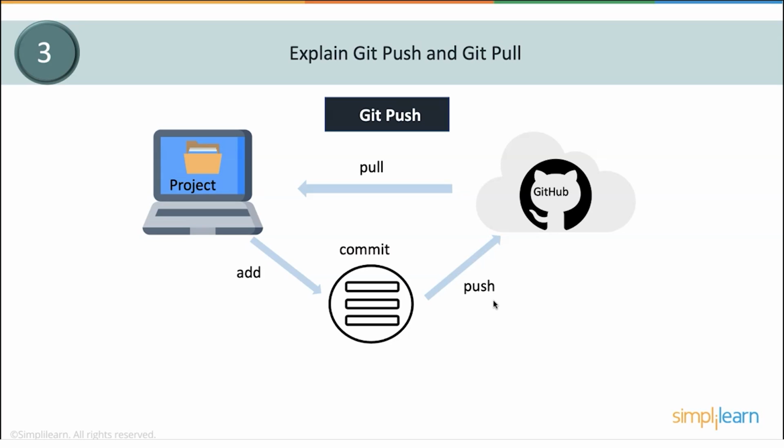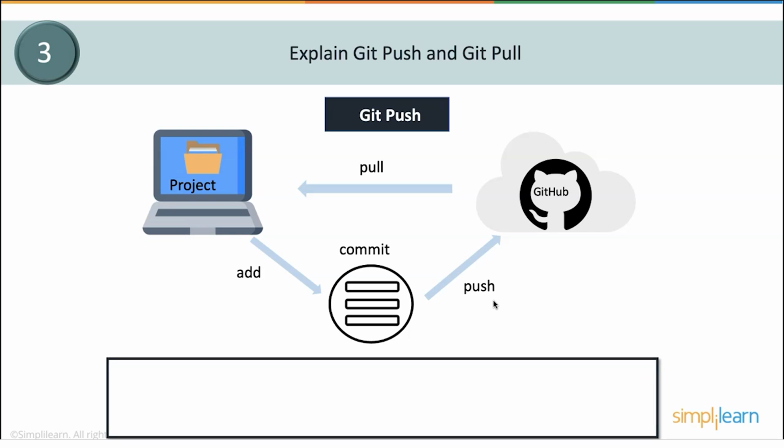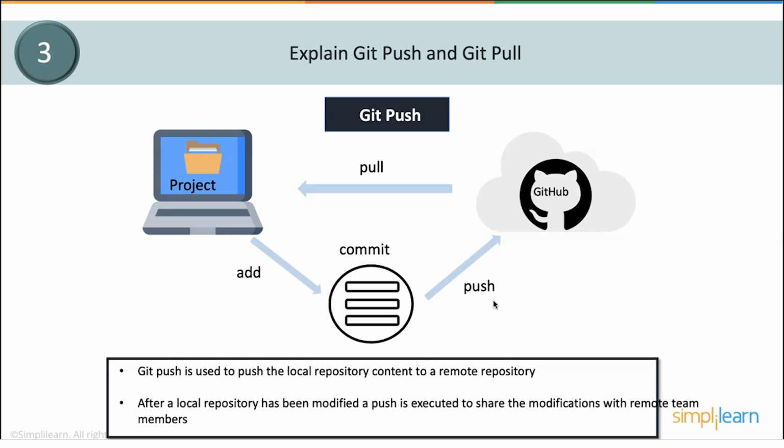Whichever cloud environment you are using, it could be GitHub, Bitbucket, or GitLab, you push all those necessary changes to that location. Pull, on the other hand, is responsible for retrieving all those version-controlled changes to your local environment. Clear? That's the difference.